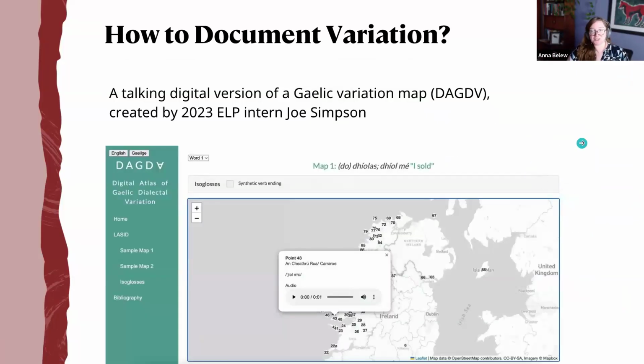And so one of ELP's 2023 interns made a digital version looking at the same phrases and words as the 1950s version to see how that had changed. And this one's cool because you can actually click and listen to each different pronunciation of the phrase "I sold." So I'll also include a link to this if you want some cool examples of variation maps.